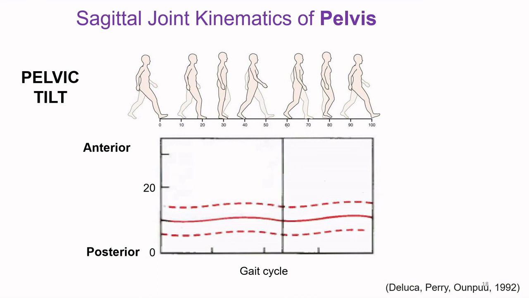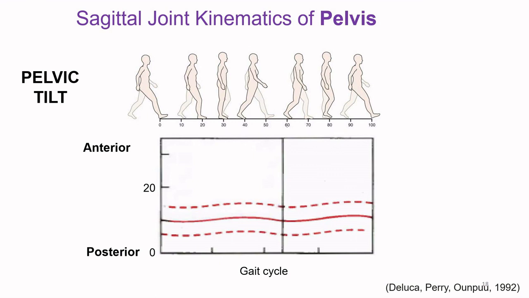On this graph, and with all of the graphs that I'll be showing you over the next few slides, the solid red line will be showing the mean kinematic trajectory, and the dashed lines will be capturing the variability that exists in the pattern that we're seeing across multiple measurements, measured across multiple gait cycles and across multiple participants.